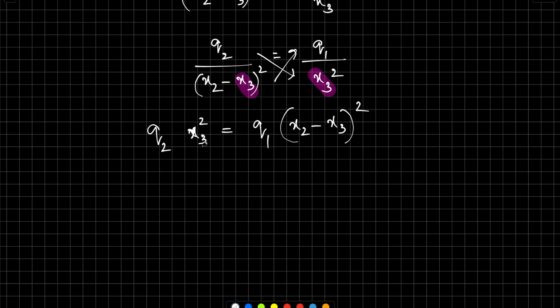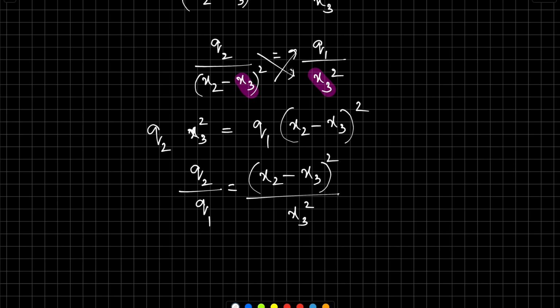I'm going to take x3 squared to the right side and Q1 to the left side. So I'm going to divide with x3 squared, divide with Q1 as well. Okay, yeah. So Q2 divided by Q1 is equal to (x2 minus x3) the whole squared divided by x3 squared.